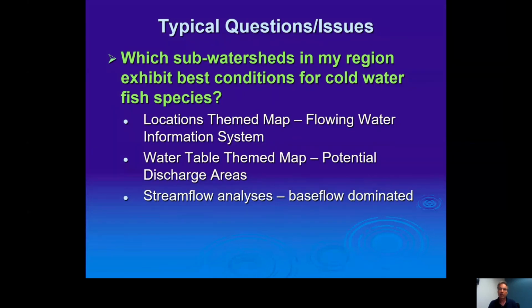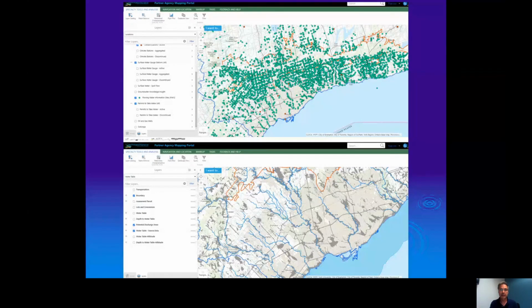You could go to the water table themed map and look at potential discharge areas, what might indicate areas of active groundwater discharge. And one of the other things that I wanted to highlight today was another part of Mason's tools, looking at stream flow analysis to see if your stream has a base flow dominated response to the hydrologic cycle. I'll talk to that in a sec.